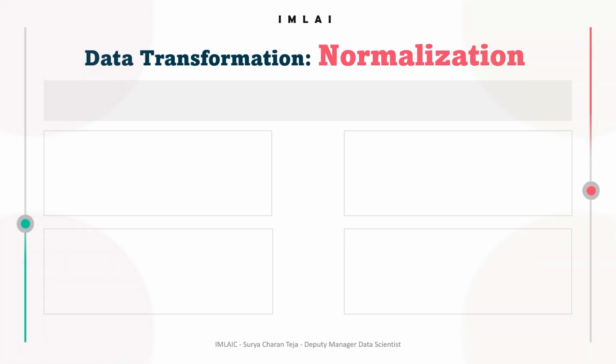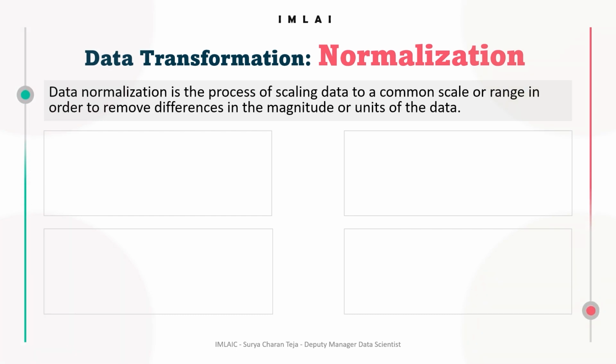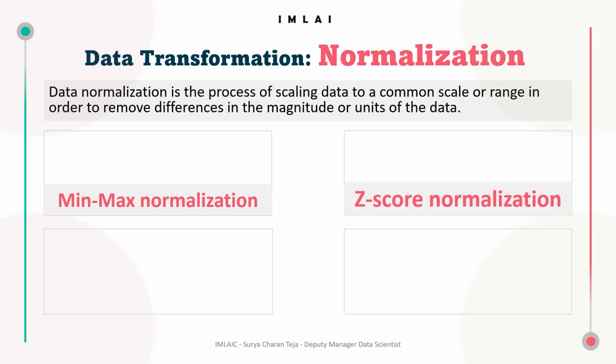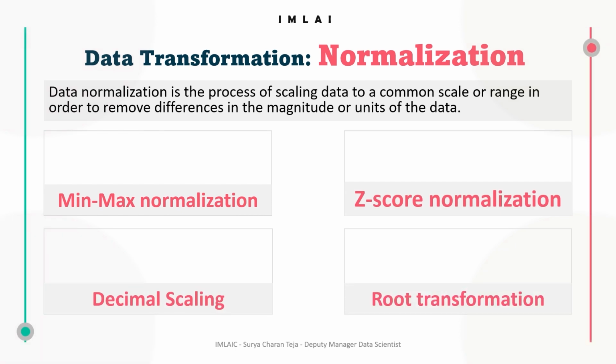Common normalization techniques include min-max normalization, z-score normalization, decimal scaling, root transformation, and log transformation, which would be a separate case. So these are the four common normalization techniques.